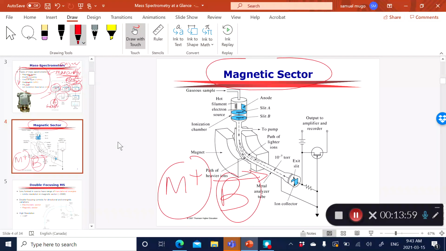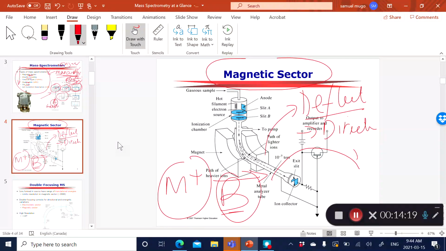Most people denote magnetic fields with the symbol B. So if you expose ions to a magnetic field, what typically happens is that they deflect. Essentially, they change direction, based on their mass to charge.